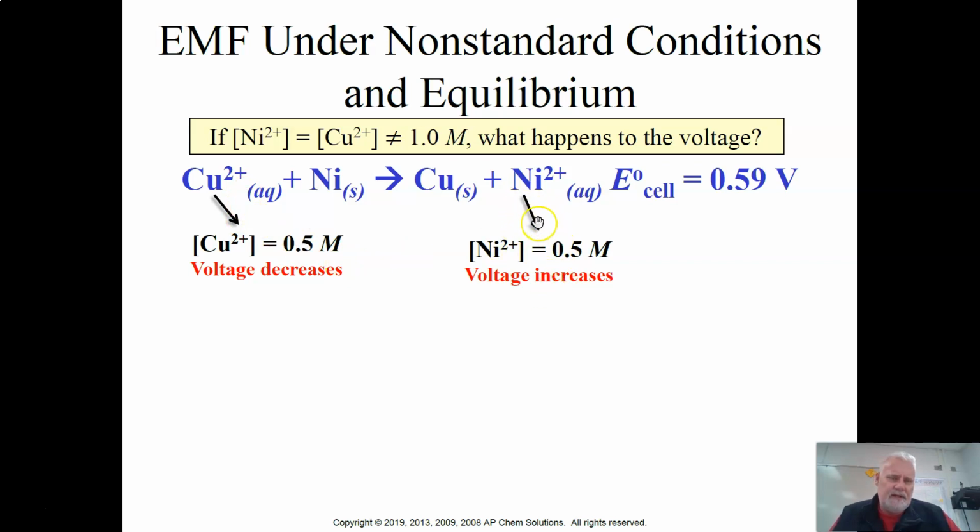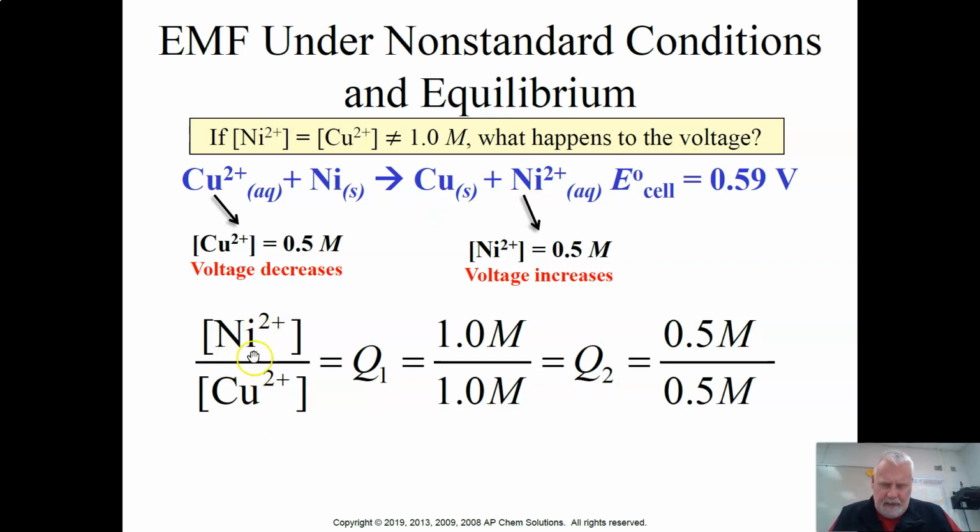And if you decrease this, it would increase the voltage. And those things are going to kind of counter each other if you think about it. And the E0 of the cell, please add a plus in front of that. Be consistent, please.